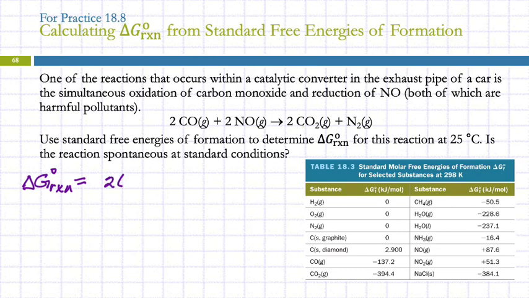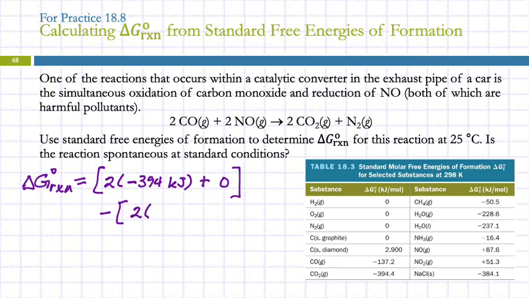We've got 2 times CO2, which is negative 394 kilojoules. I'm kind of cheating with the mole units. Plus N2, which is 0. So those are the products. And we're subtracting the sum of the reactants.